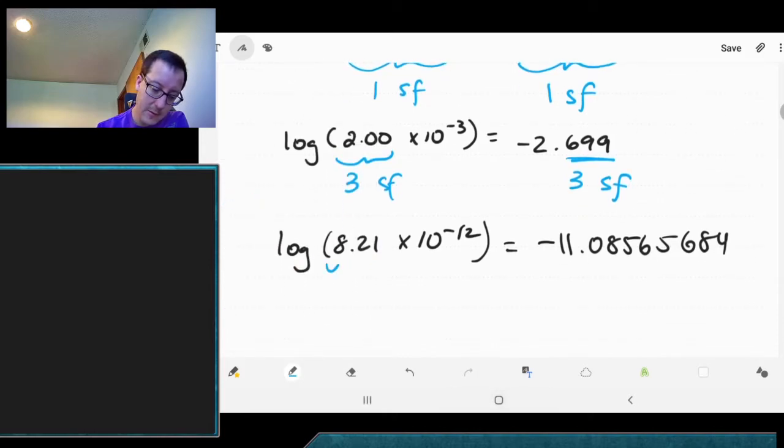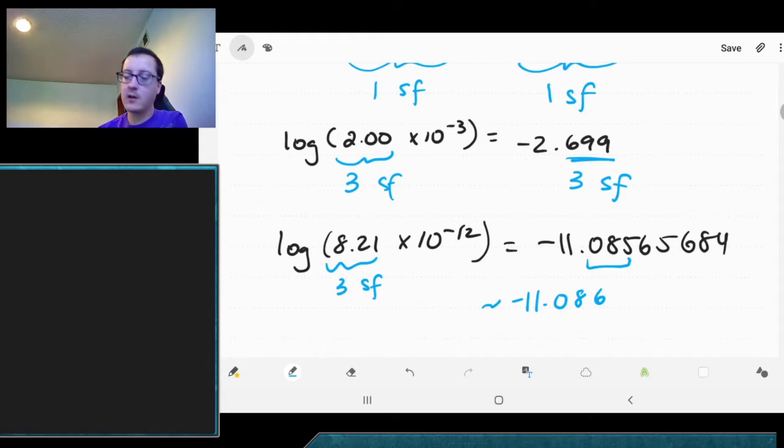This number had 3 sig figs originally, so we need to keep 3 sig figs in our answer. Remember that the 11 does not count because that is for our exponent. So if we round this, we get 11.086. Sorry, it's negative. So the 0, the 8, and the 6 are all significant there. The 11 does not count for sig figs.